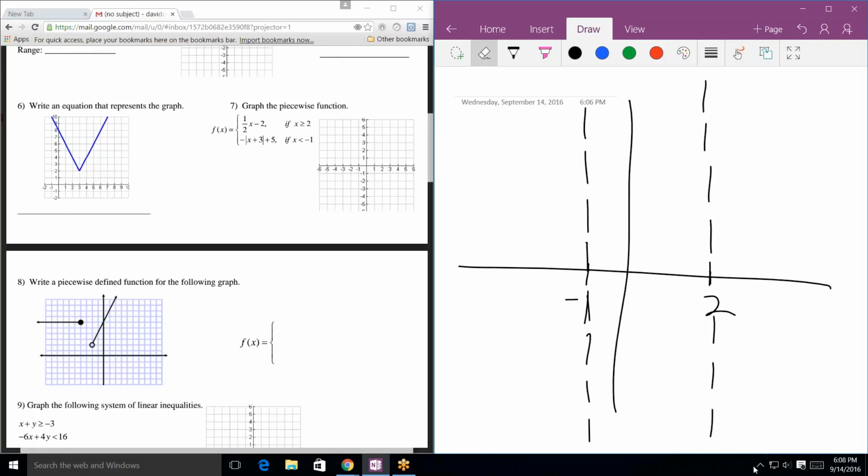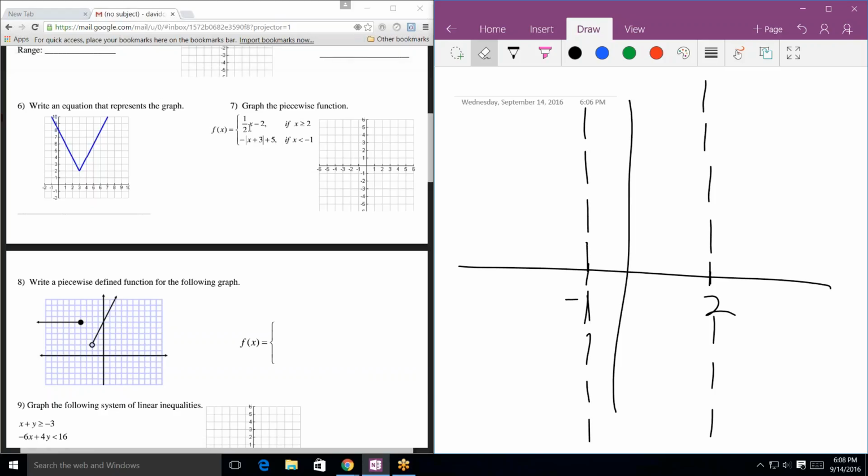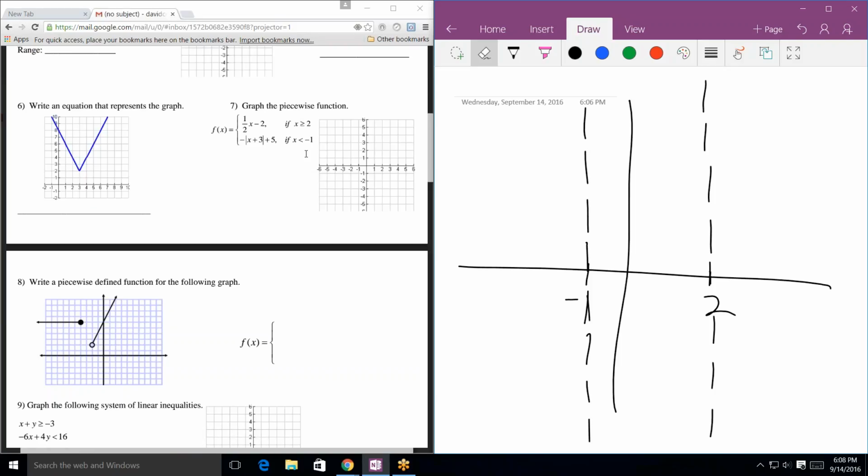Well, that's okay. I mean, I can deal with that. I don't need to go left to right. It's just that most people tend to think left to right, so they like to work left to right. If I was telling you this piecewise function, I would have put the bottom row first at the top, and then I would have put this row below it. And that would have allowed me to go from left to right.